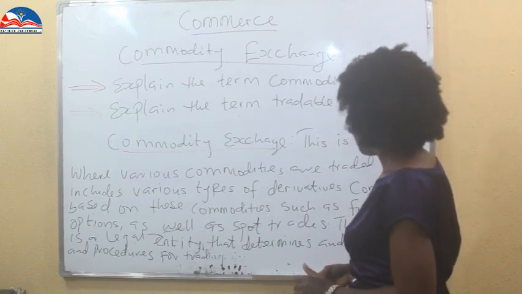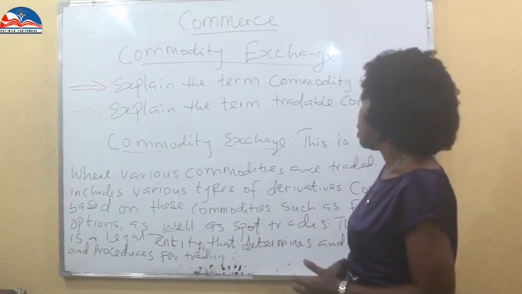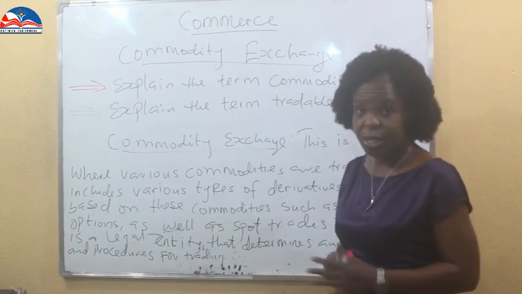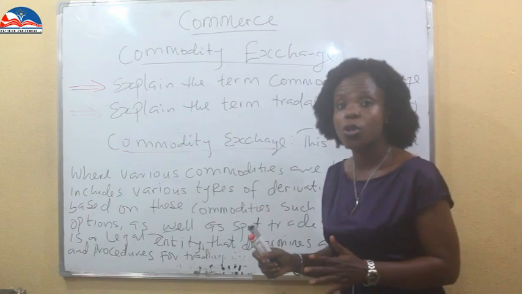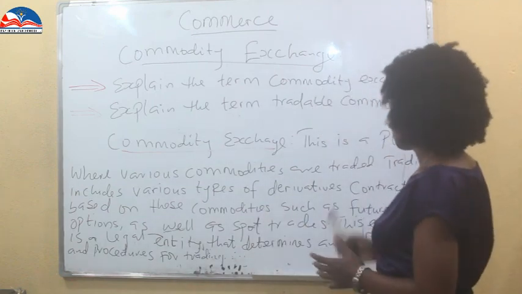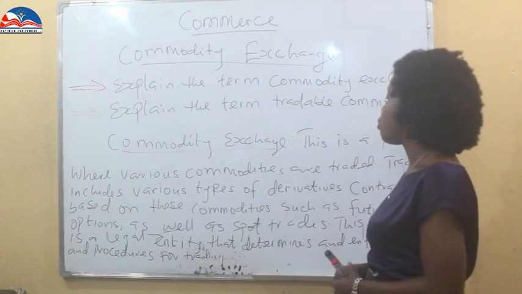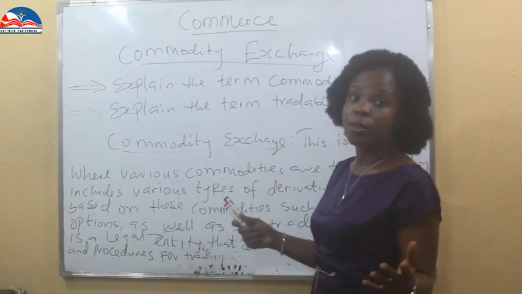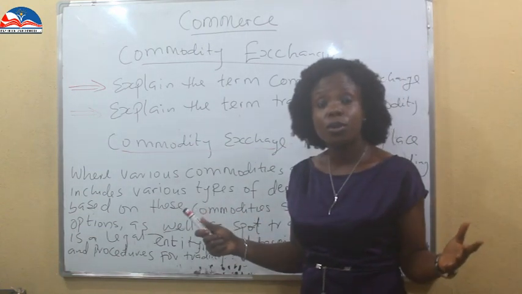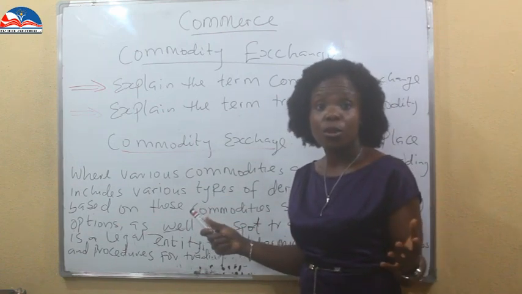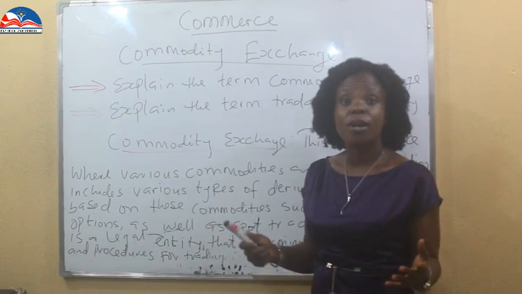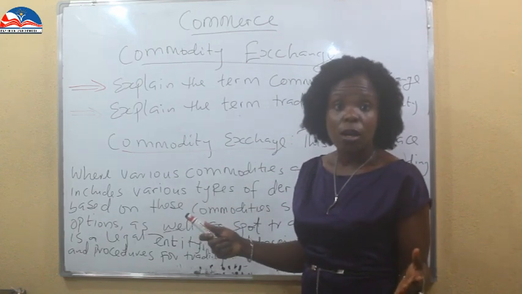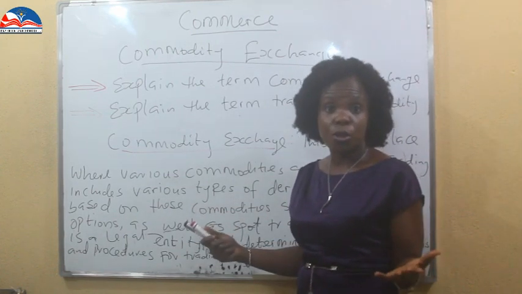Now let's look at commodity exchange. Commodity exchange, what does it mean? This is a place where various commodities are traded. Trading includes various types of derivatives. We talk about crude, agriculture, livestock, metals, fruits, which fall under agriculture.